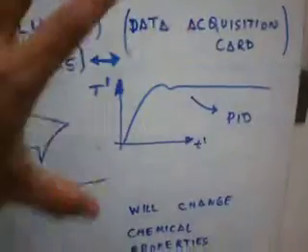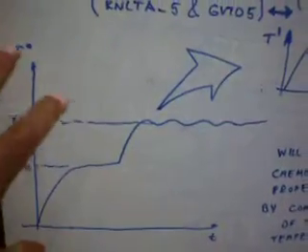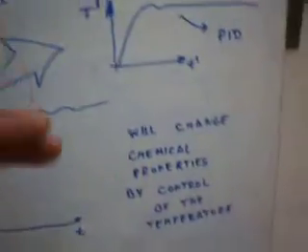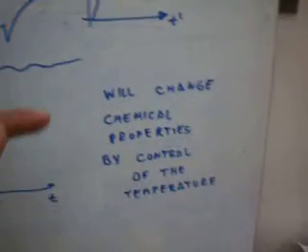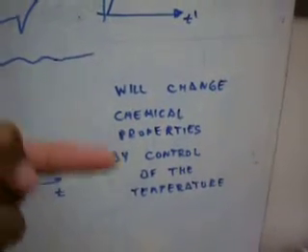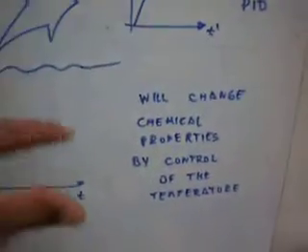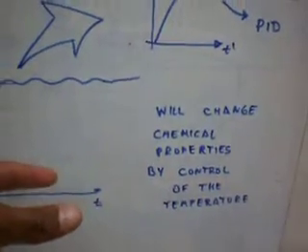And why is it important to have a controller here? Because if we change the temperature of this system, specifically of the substrate, we observe, attention here, we obtain new chemical properties of this substrate, specifically of this thin film fabricated here.